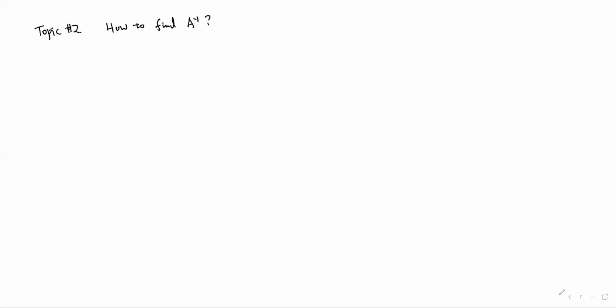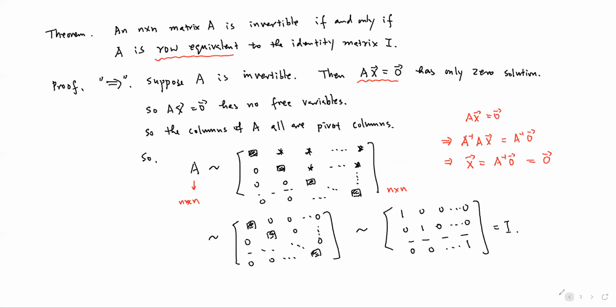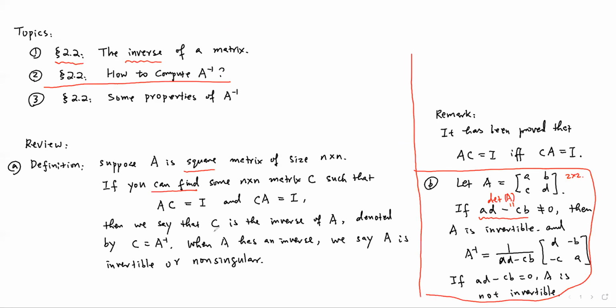We need to go back to the definition. The definition is here. To find the inverse, we need to find a matrix C so that one of these 2 equations is true, then C is the inverse.